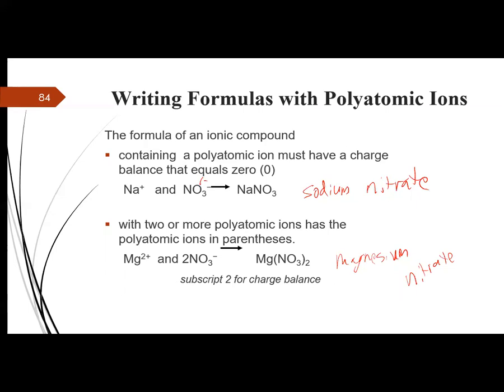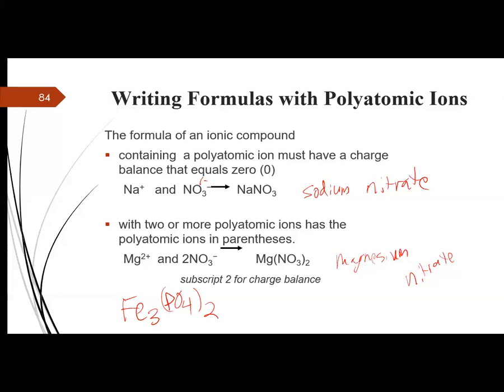Now, if we did have a Roman numeral, so let's say we have Fe3(PO4)2. Well, this one, we know that a phosphate is a -3 charge, and there's 2 of them, so that's -6.